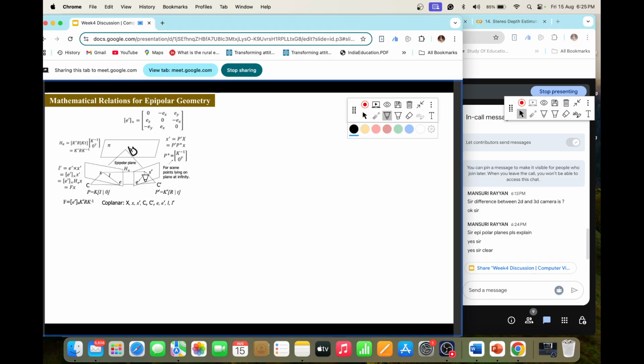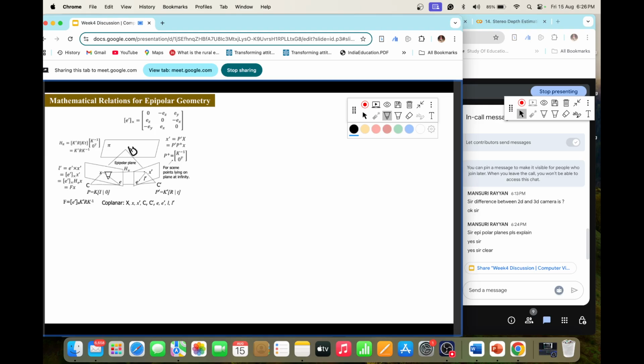E is the left epipole, E dash is the right epipole. L is the line connecting the image point in the left image plane and the left epipole. Similarly, L dash is the right epipolar line, the line connecting the right epipole and the right image point. This we have already discussed.